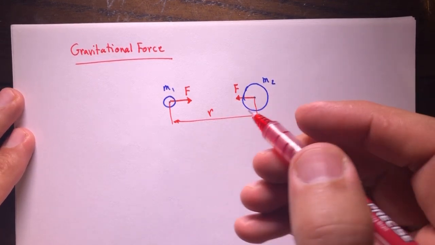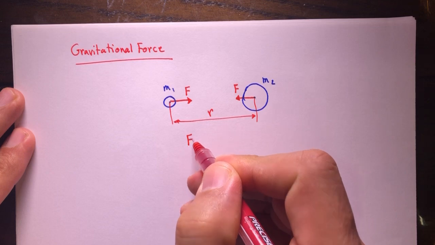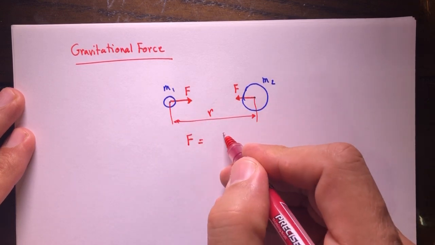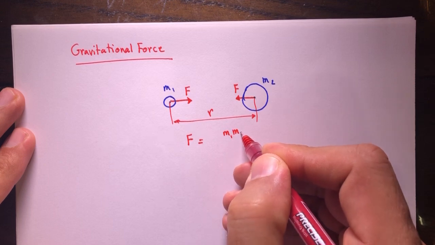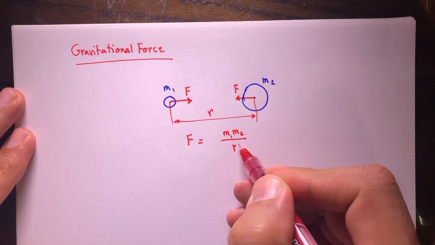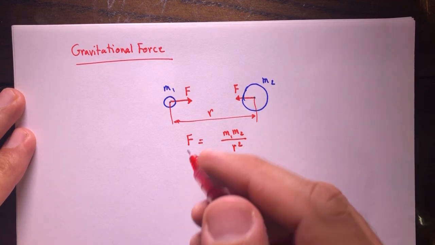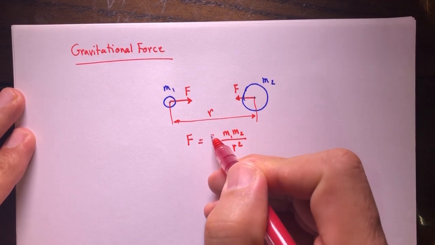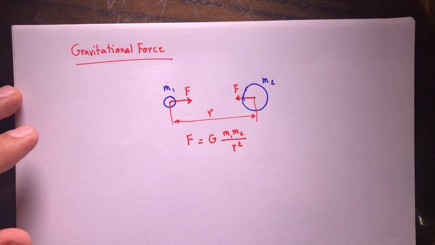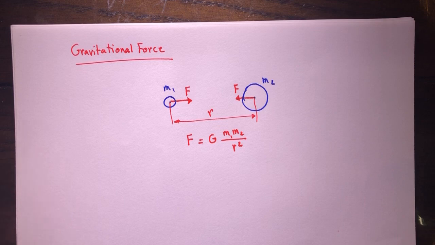And the magnitude of this force is proportional to these two masses, m1 times m2, and inversely proportional to the distance squared between them. The ratio between them is a constant, which we show with capital G, and it is the constant of gravitation.